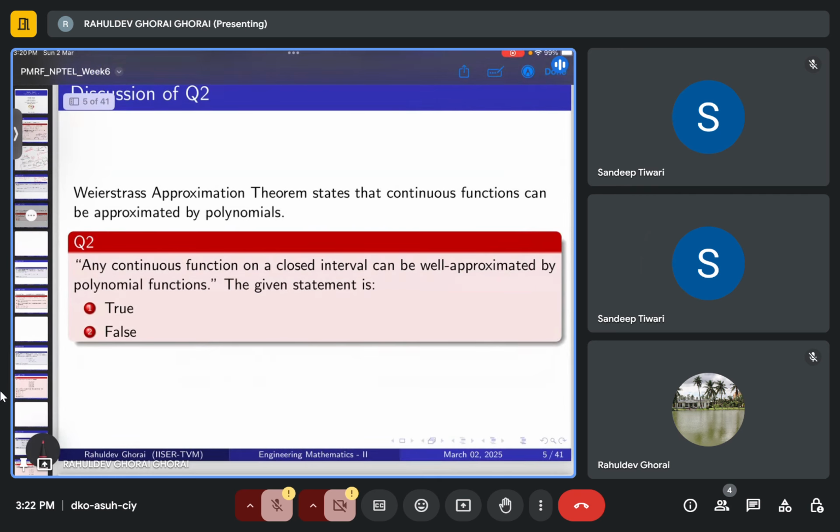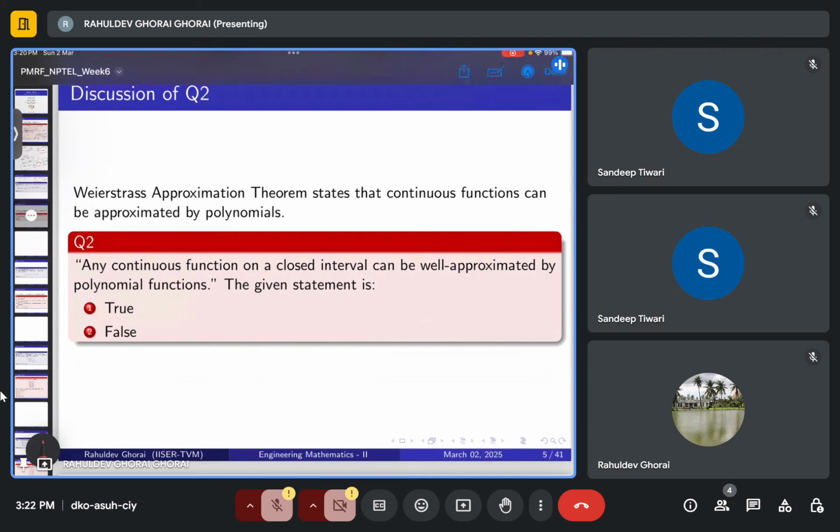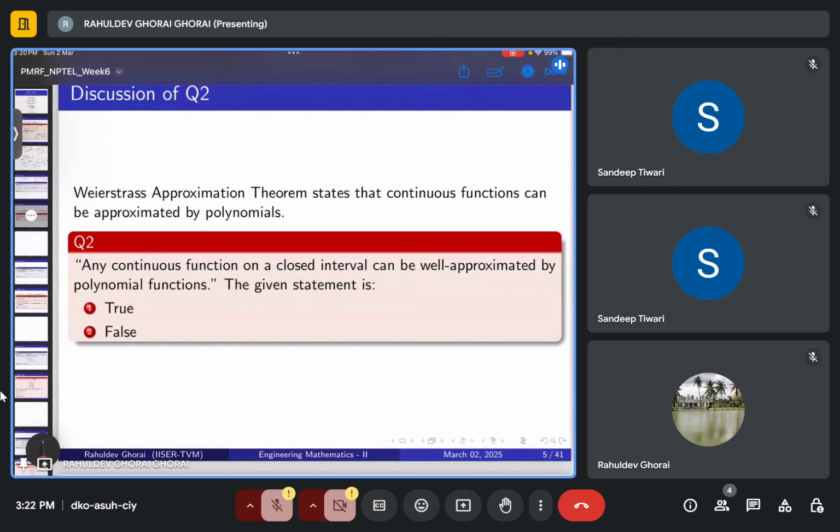Okay. So then here is another question. Weierstrass approximation theorem. I won't say what the theorem is, but this is it: any continuous function on a closed interval can be well approximated by a polynomial function. So is that true?